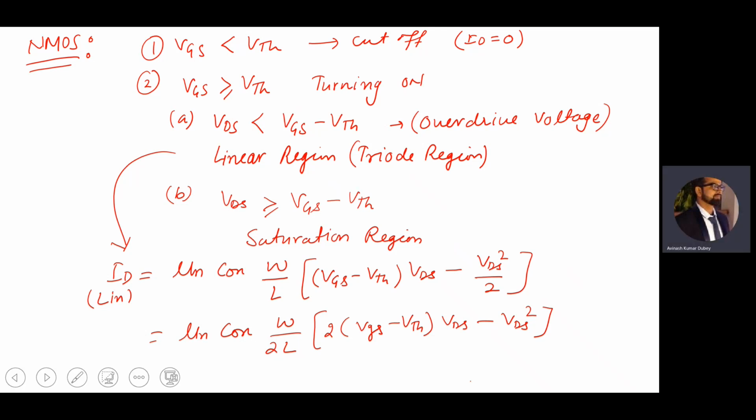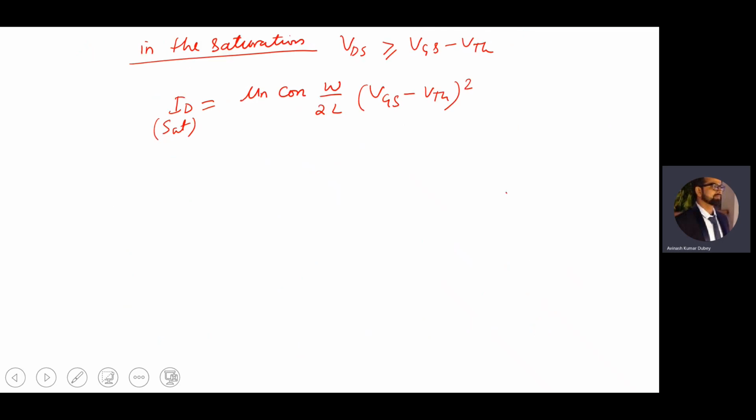Another thing we have to discuss is the deep triode region, which is a sub part of the triode region. In the triode region, VDS is less than VGS minus VTH.